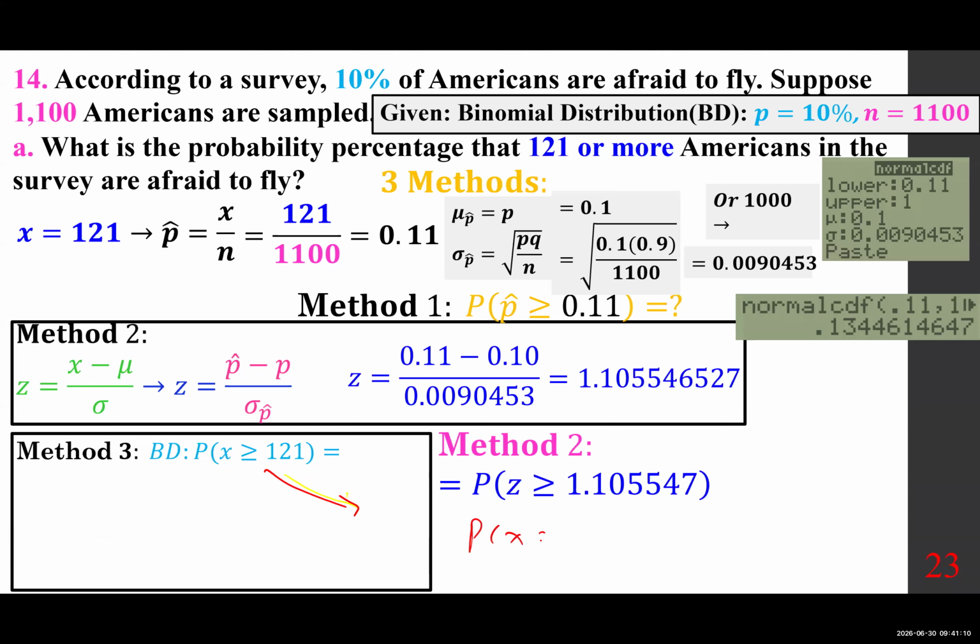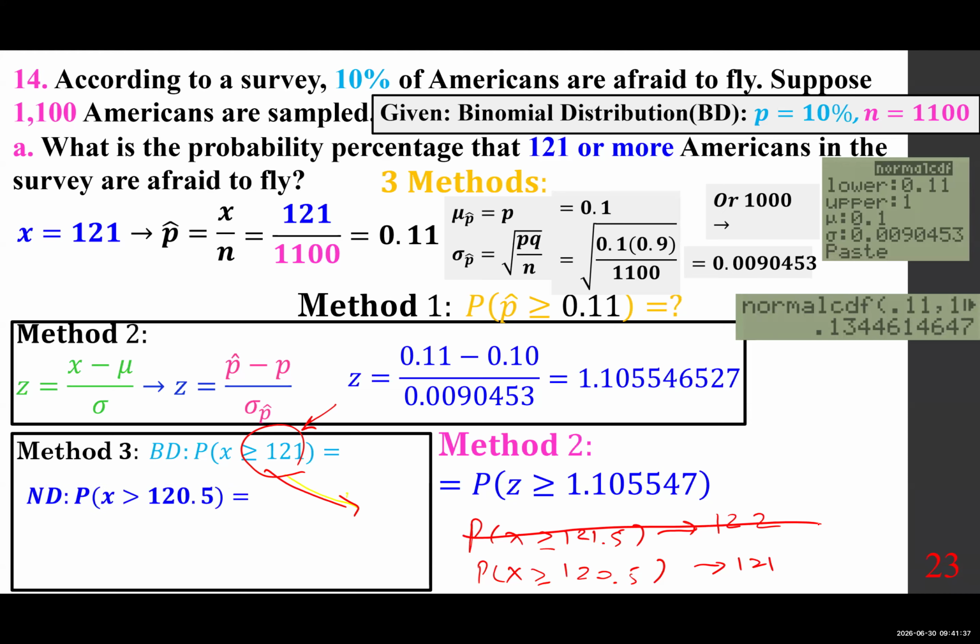Probability of x larger than or equal to 121.5 or probability of x larger than 120.5. Which one? This one, the first discrete value would be 122. This one, the first discrete value would be 121. And because of the equality, we want 121. So this is out. Okay, I hope everybody understands what I've done.